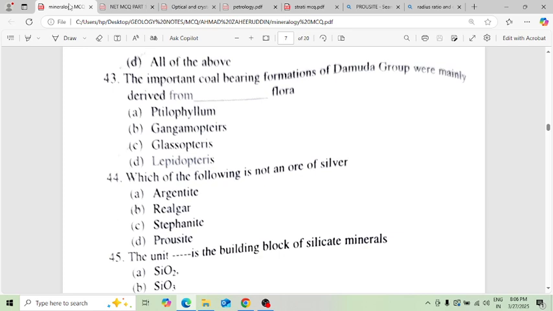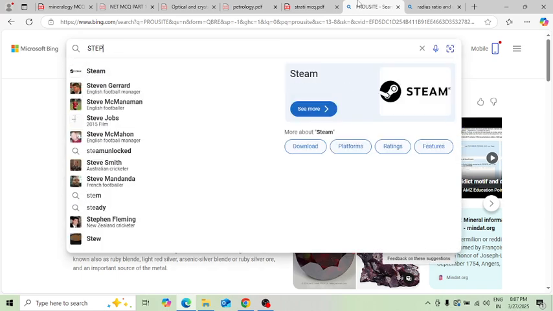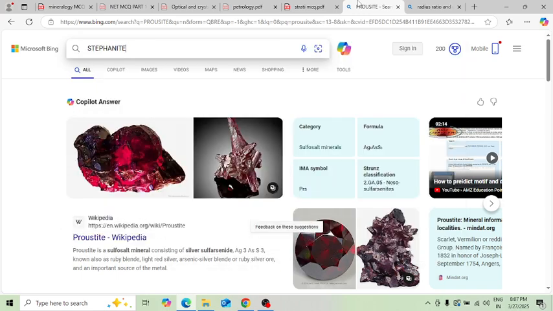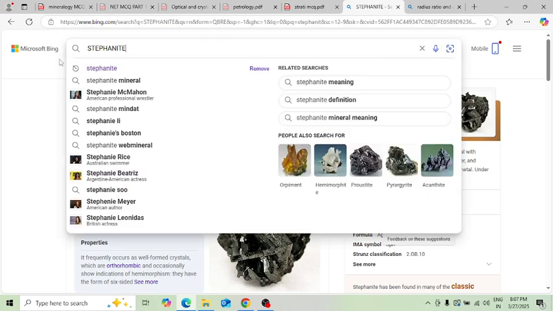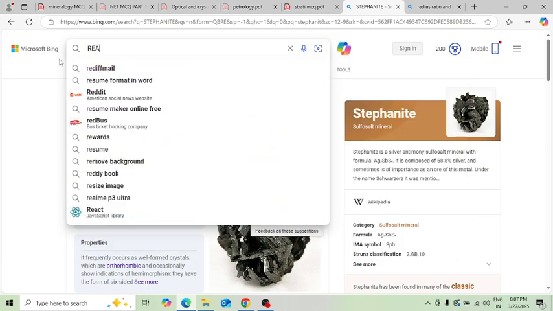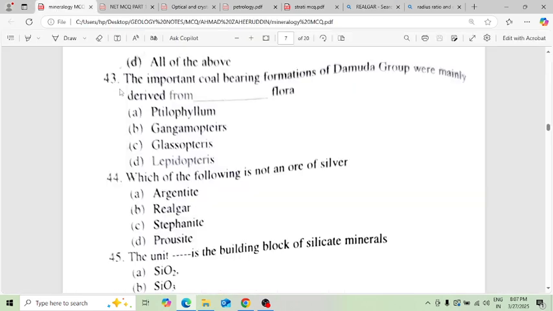Then stephanite is a silver antimony sulfosalt. And realgar is an arsenic sulfide, red like ruby. Realgar is the answer. Good.